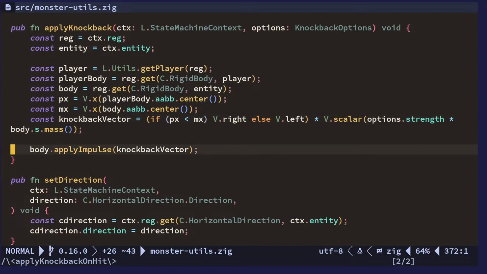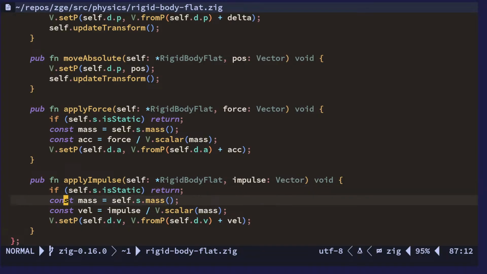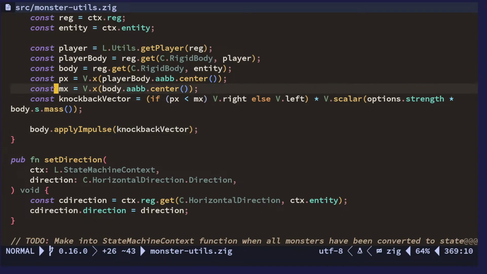That's probably because over here we are actually dividing by mass. I probably want to have versions of this where you ignore mass, instead of doing this roundabout way, getting the mass and then multiplying by mass, because then you don't even need to get the body probably.